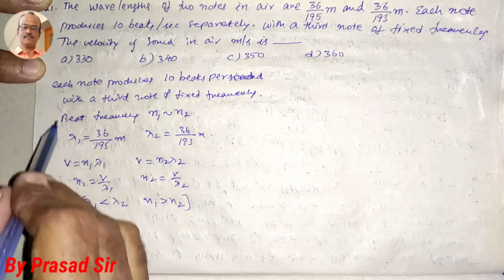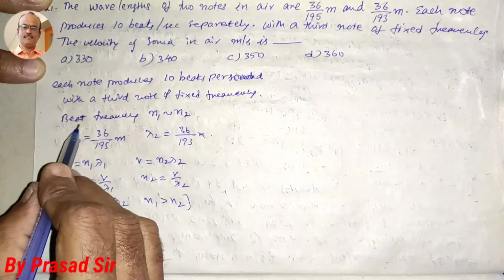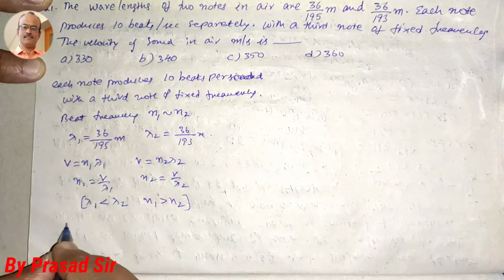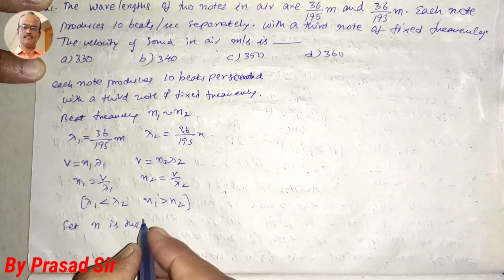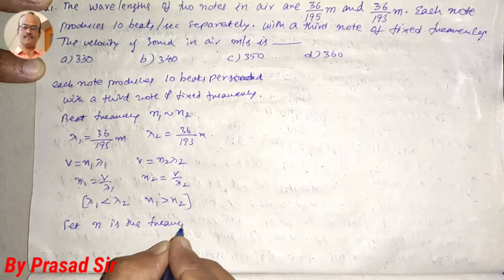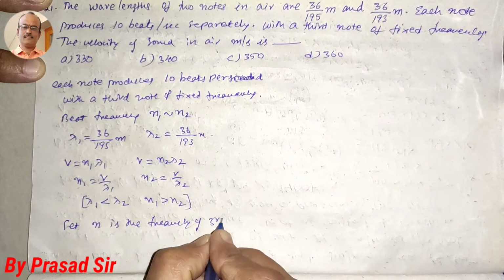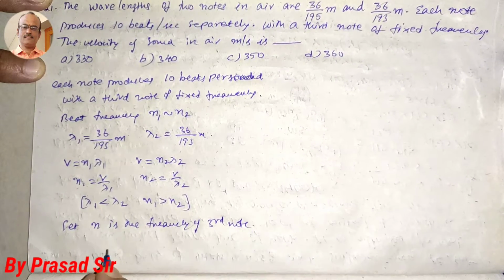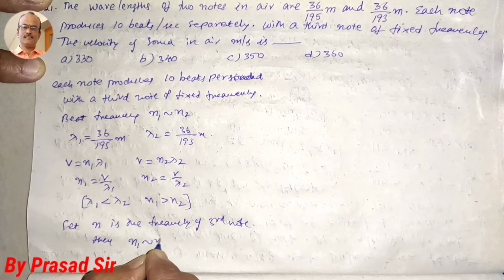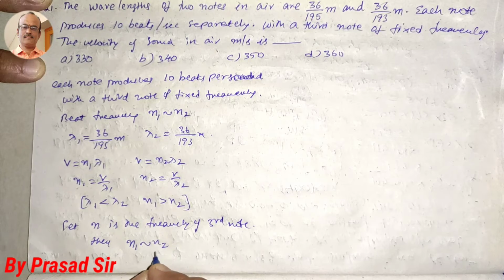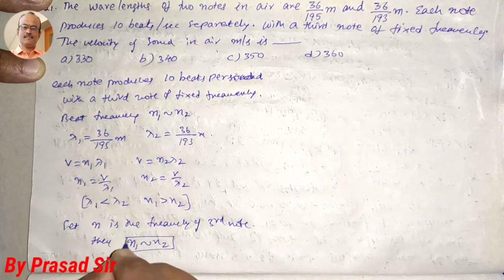Now already we know that each note produces 10 beats per second with a third note of fixed frequency. So let n be the frequency of the third note, then n1 minus n2 is the beat frequency.